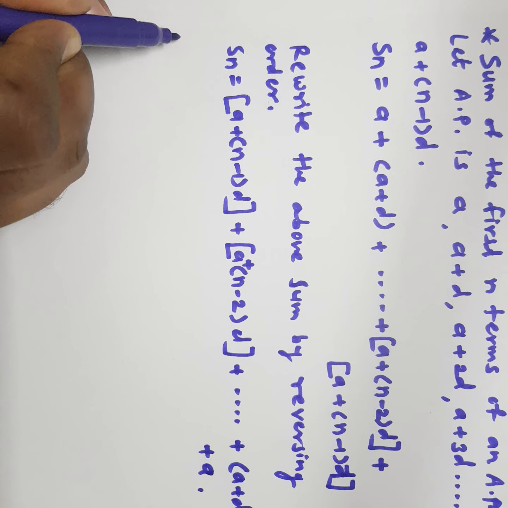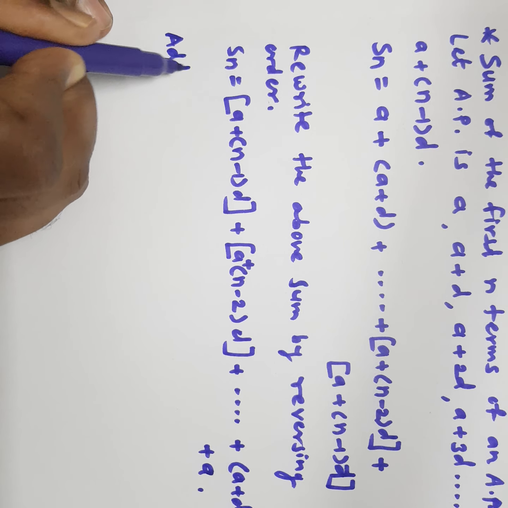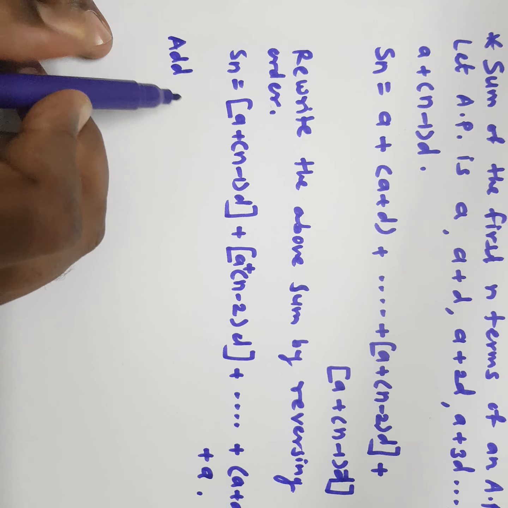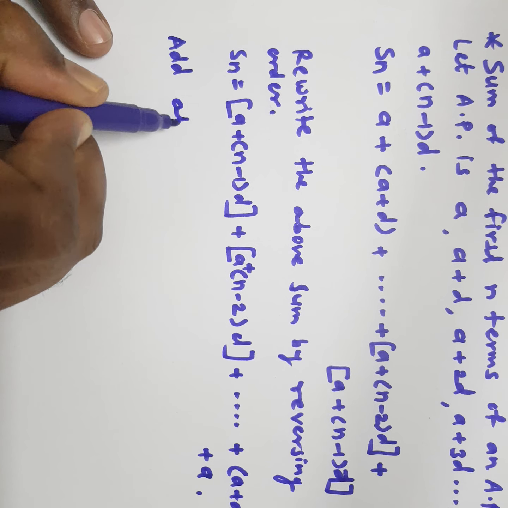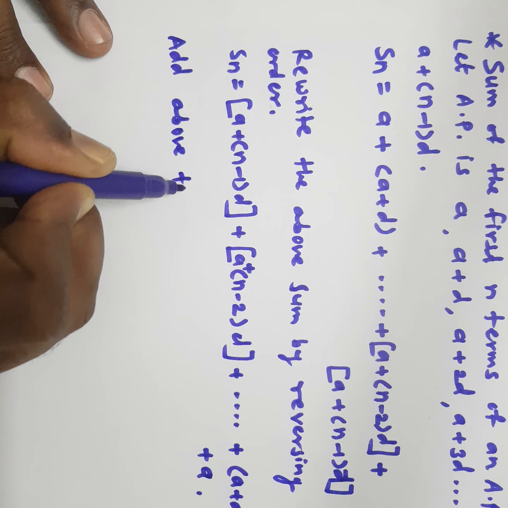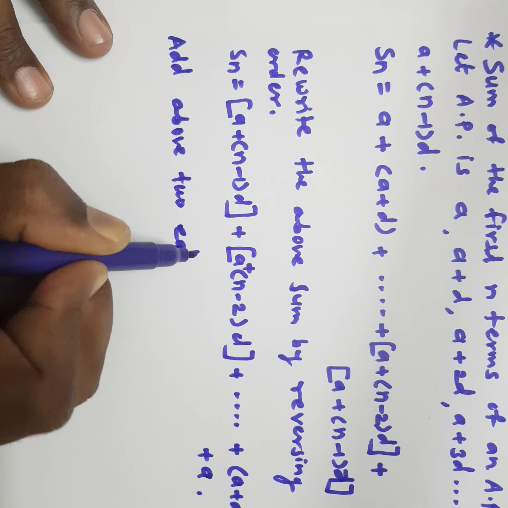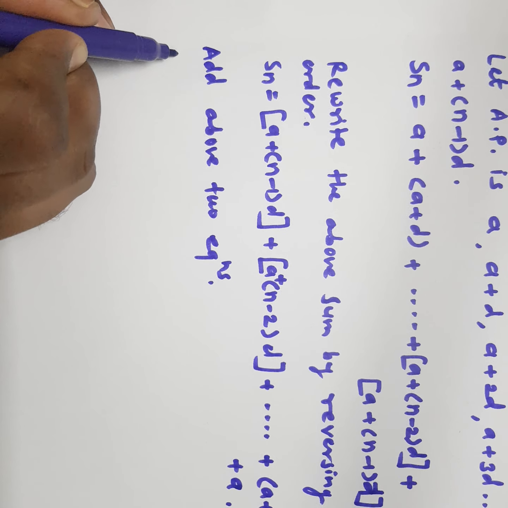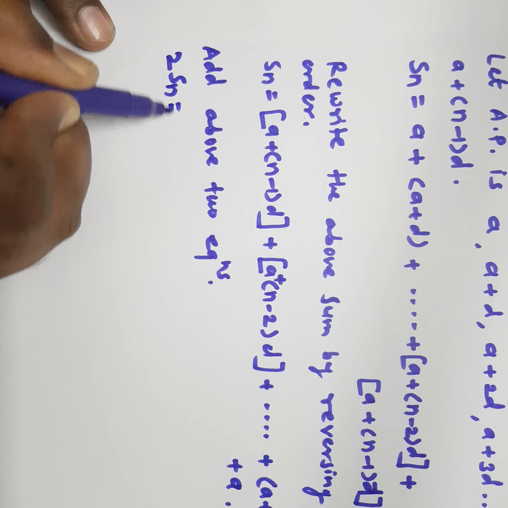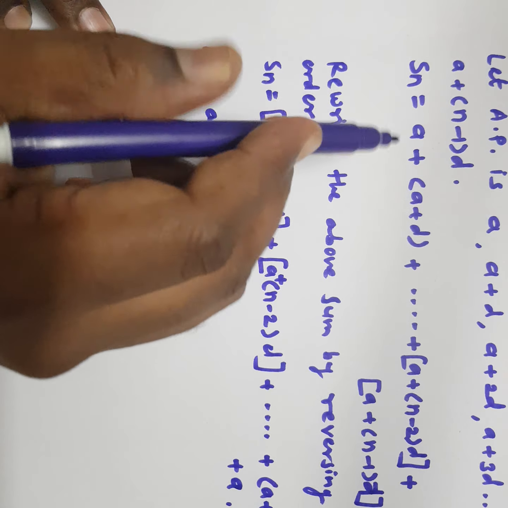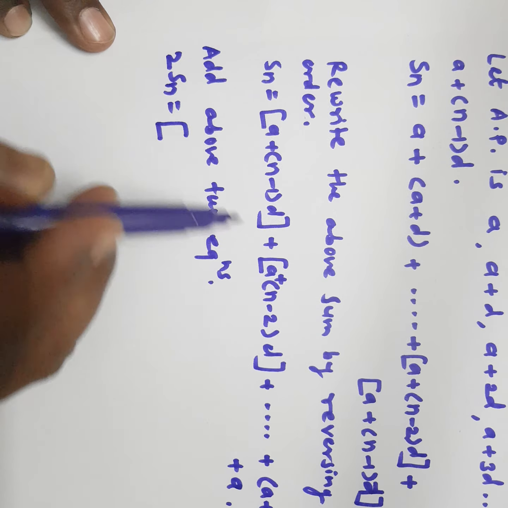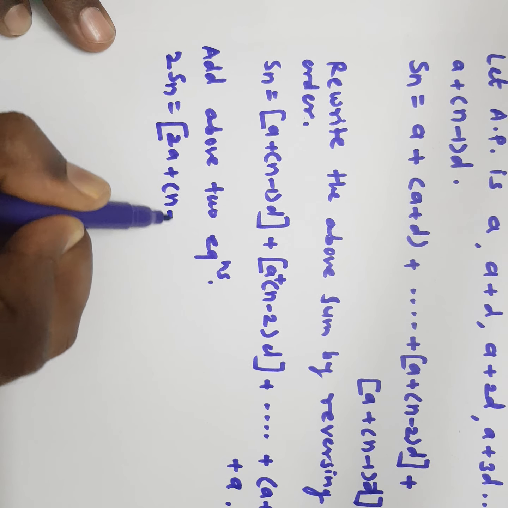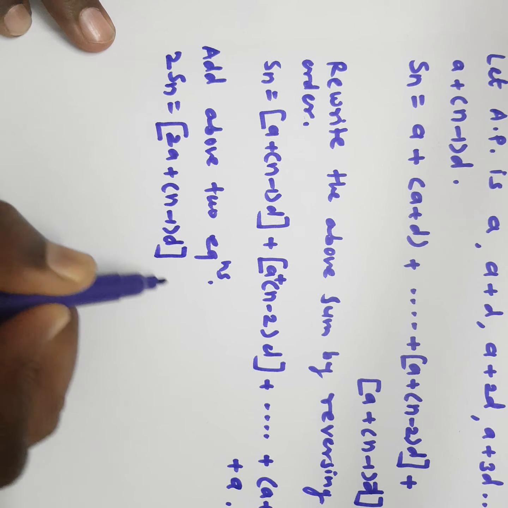Here if we add above two equations or above two sums, Sn plus Sn is equal to 2Sn is equal to, here a plus a plus n minus 1 into d, that is 2a plus n minus 1 into d.